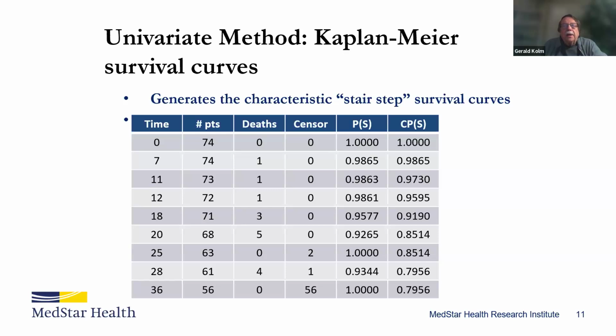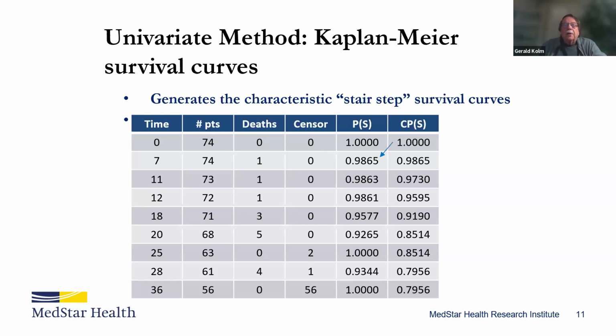And so now our probability of survival is 1 minus 1 over 74, or 0.9865. I'm carrying it out to 4 places here just to show the difference.